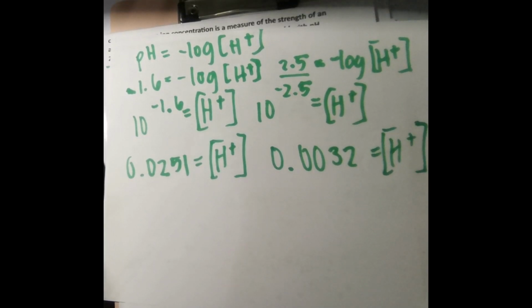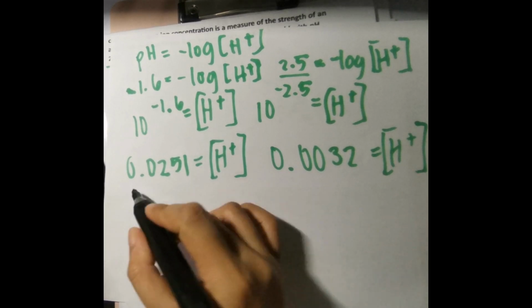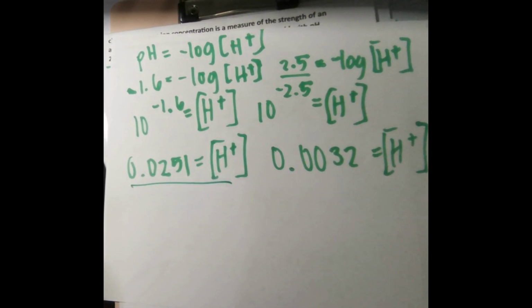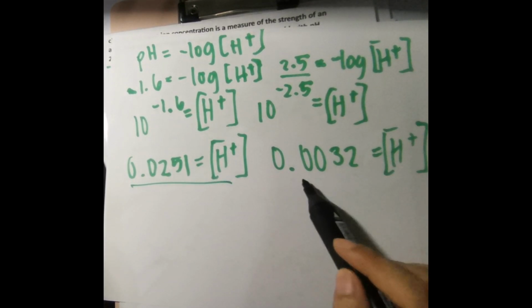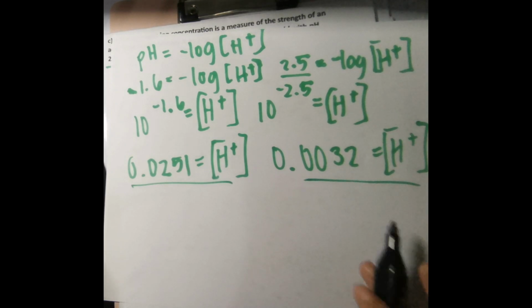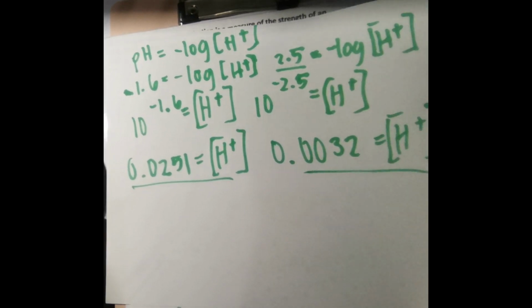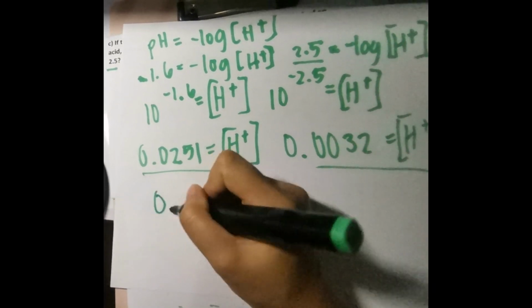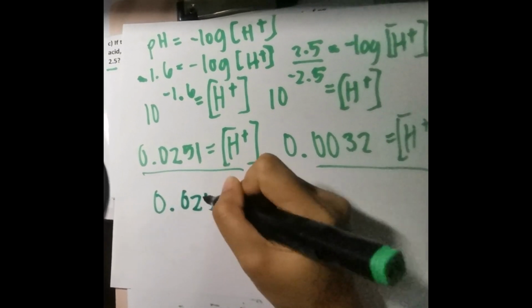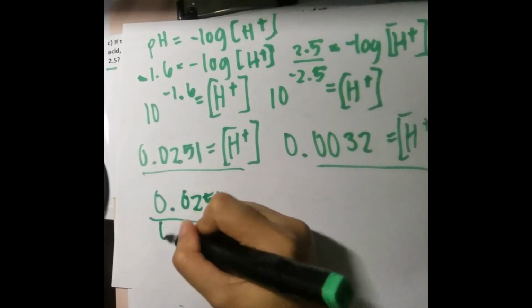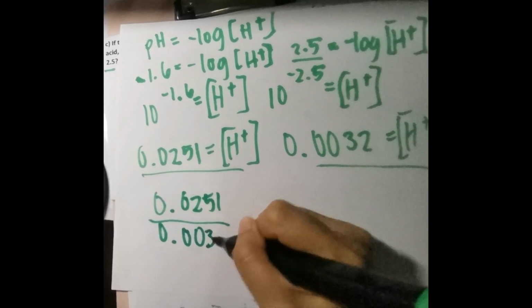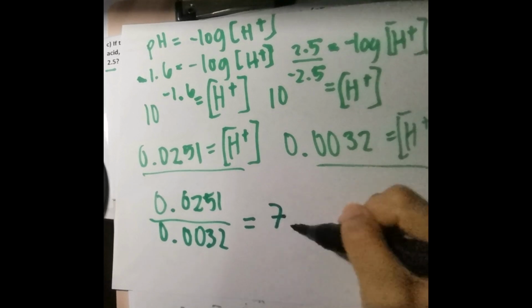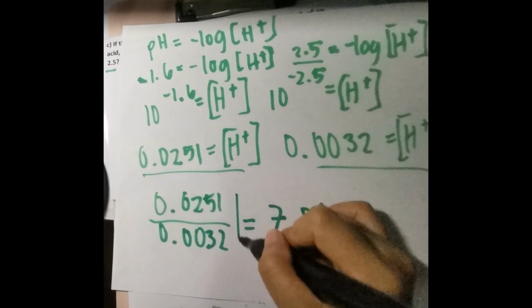So for our last step, we will divide the concentration of the first acid by the second acid to find the relative strength of the acids. So we will have 0.025 over 0.0032 is equal to 7.84.